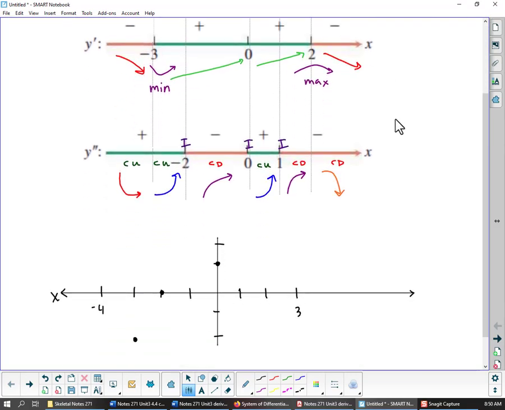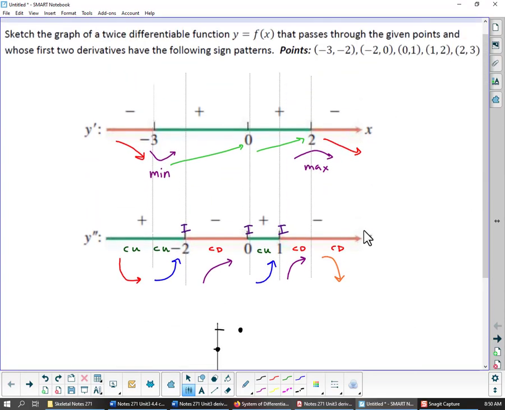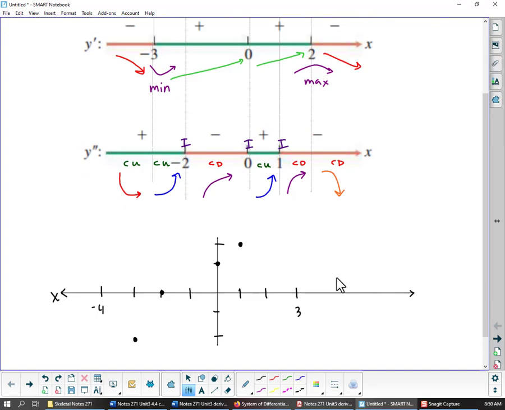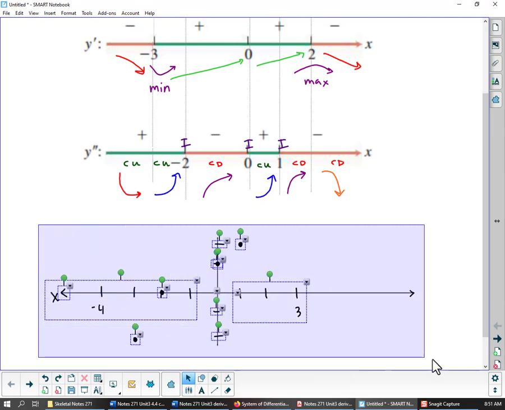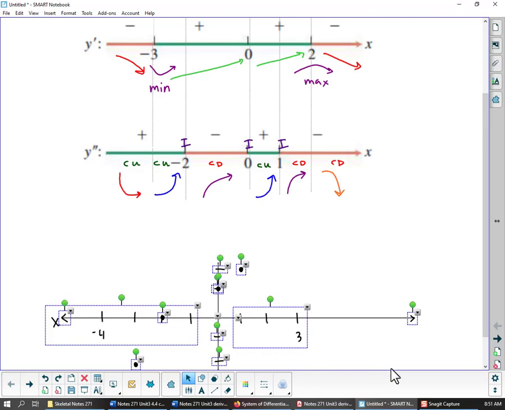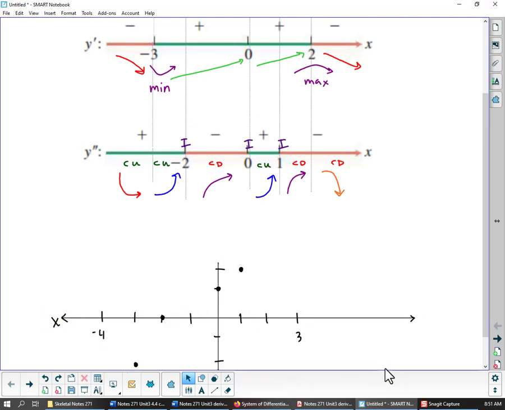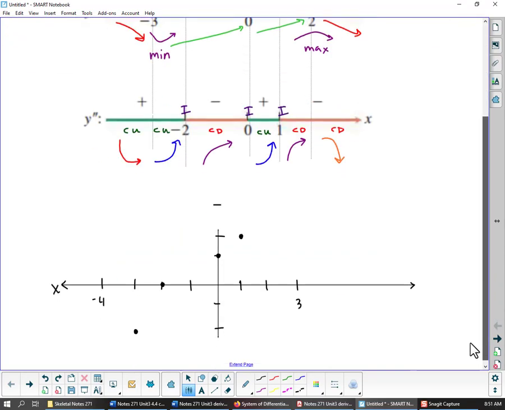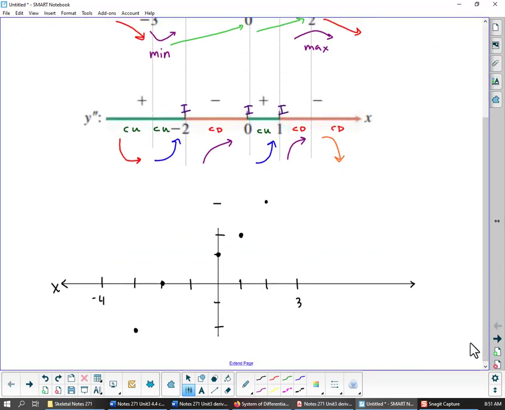And over 1, up 2. Over 2, up 3. Let me adjust this just a little bit. Drag that down. I'll give myself an x equals 3 over here. So I said over 2, up 3.